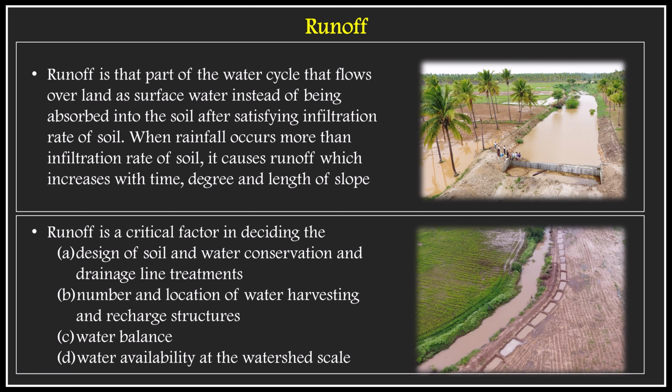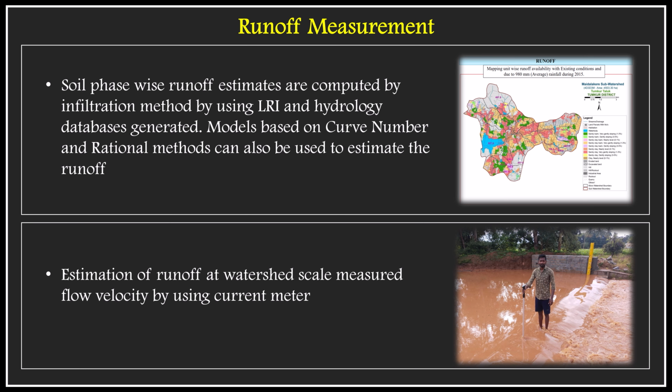It is a critical factor in deciding the design of soil and water conservation and drainage line treatments, the number and locations of water harvesting and recharge structures, water balance, and water availability at the watershed scale. Two types of runoff are measured: one is soil phase within the watershed, and second, runoff at the watershed scale.